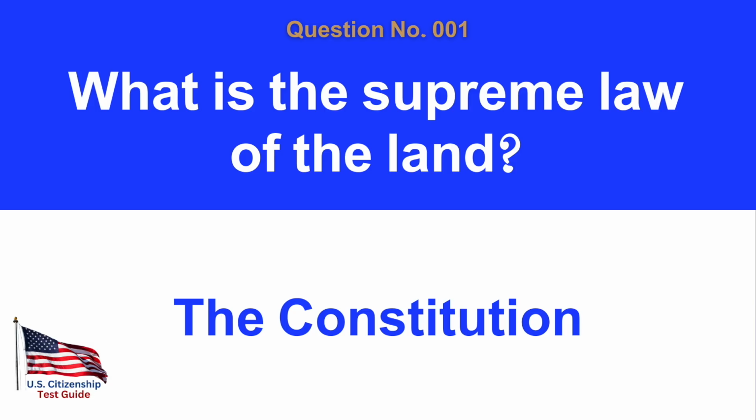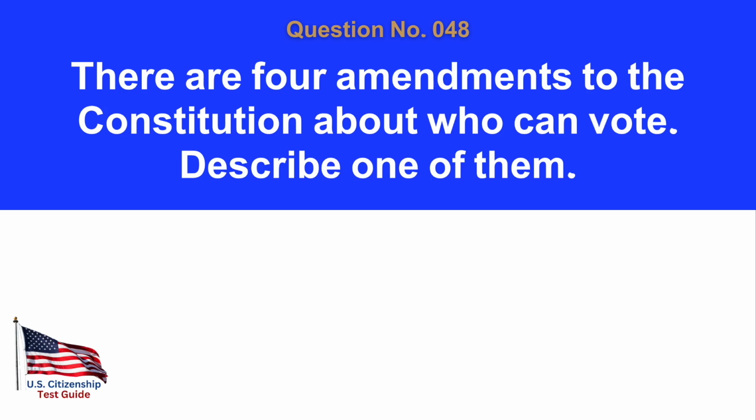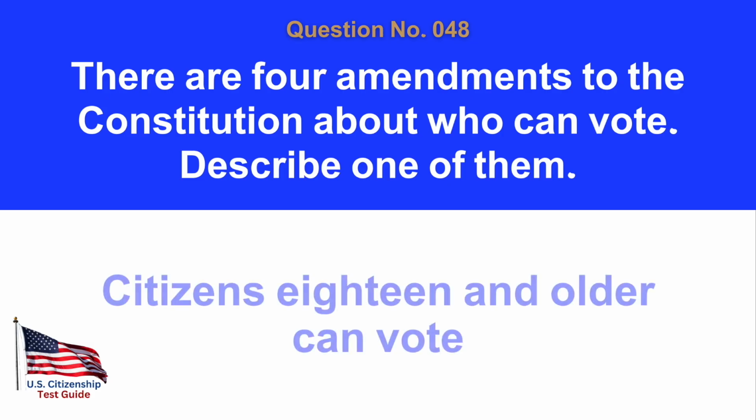The Constitution. There are 4 amendments to the Constitution about who can vote. Describe one of them. Citizens 18 and older can vote.